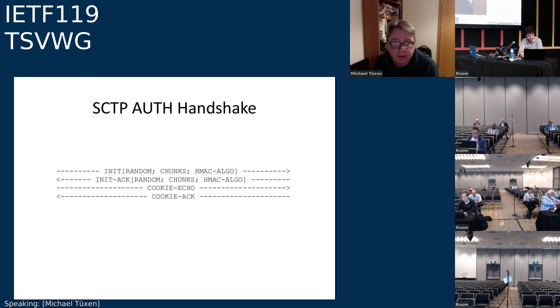A chunks parameter, which basically lists the chunks which will only be received by the sender of this parameter, and an HMAC algorithm parameter, which says which HMAC algorithms are allowed to be received. Next slide.